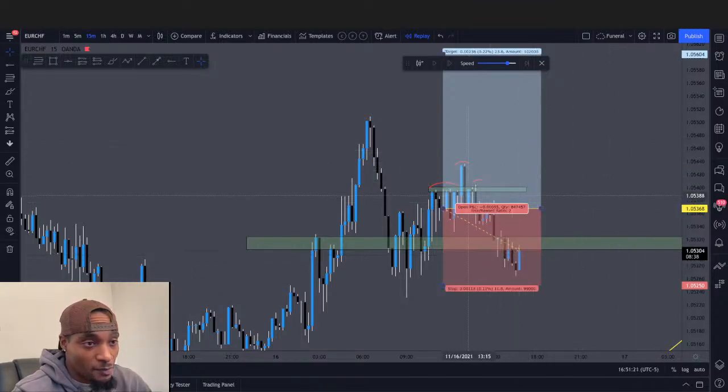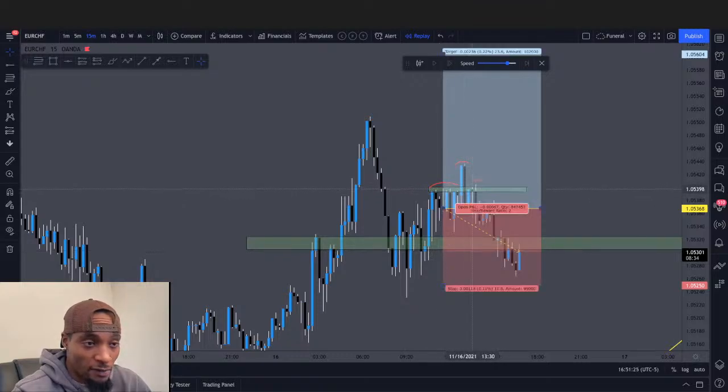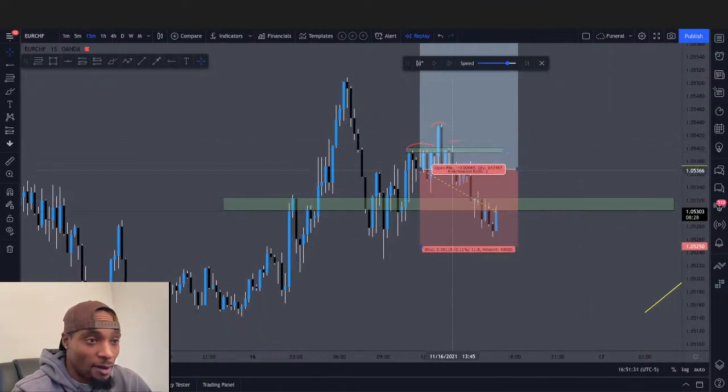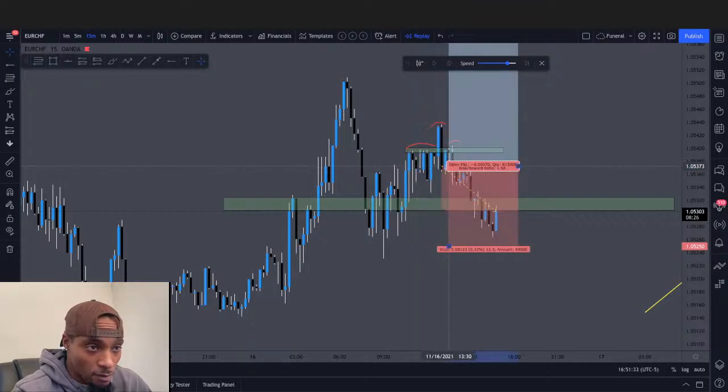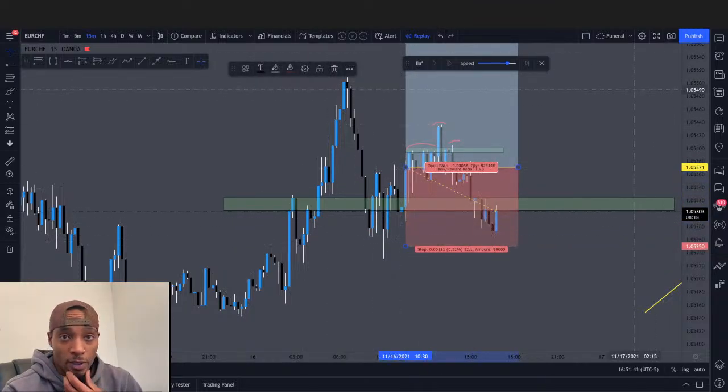So then you want to see that same level be used as resistance, because it is a structure level in the market, and from there price has continued to make its move to the downside. So it's a good thing we got out at break even right around in here when we did, because price is almost to where the stop loss was generally at.